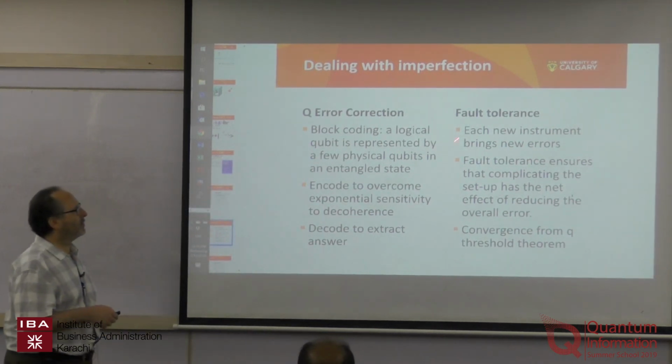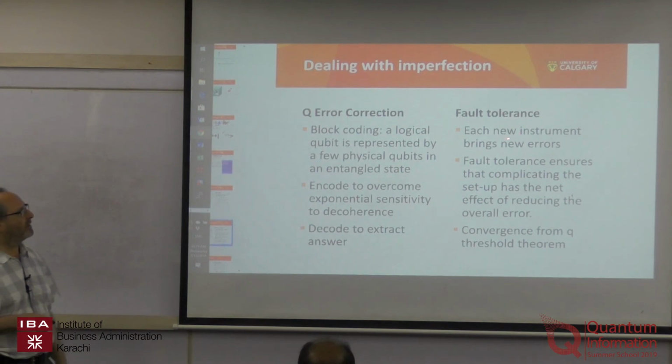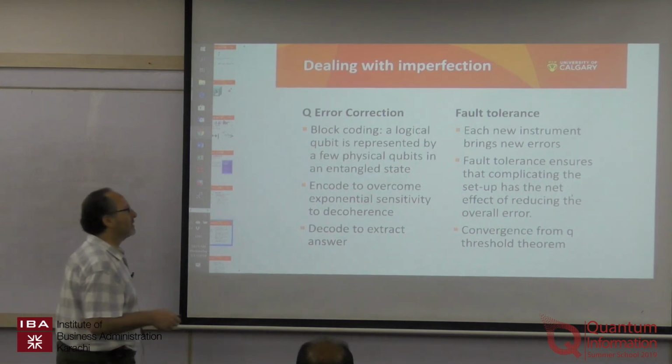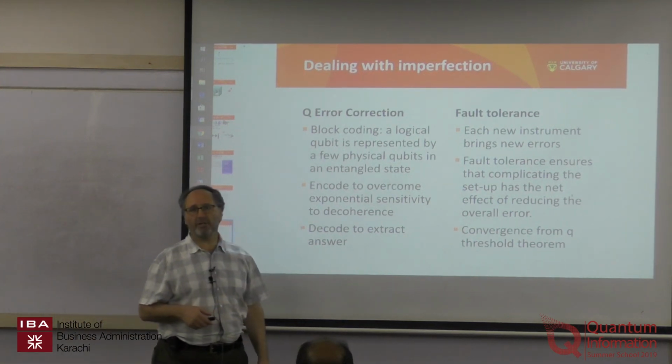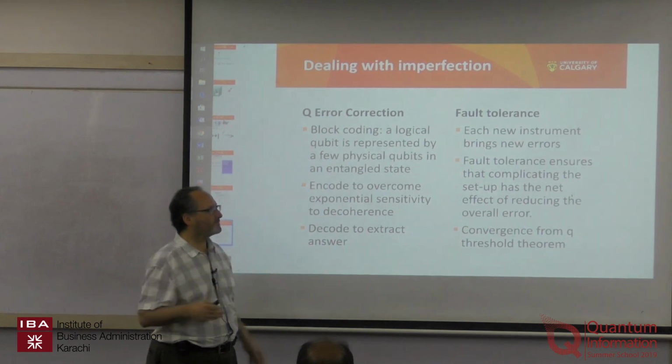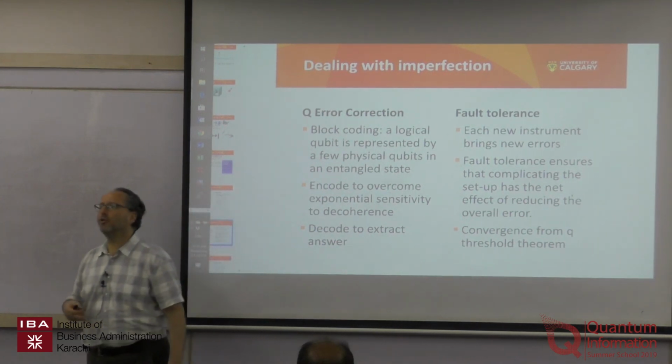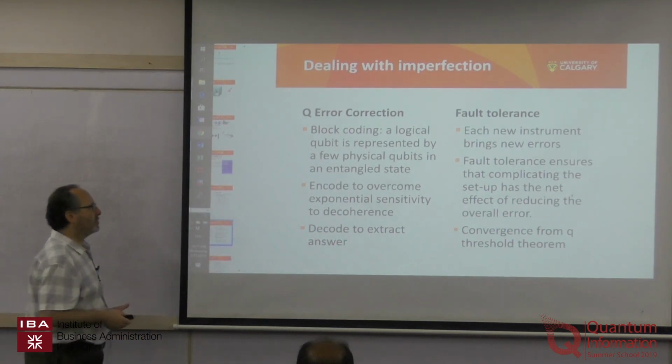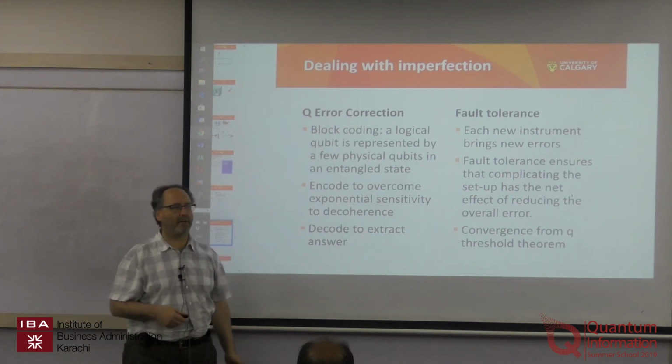So the concept of fault tolerance is that you have to design so that you are able to do quantum error correction and other things in a way that every time you add a new instrument, even though it brings new errors, it converges. The correction that you apply converges faster than the new errors expand.